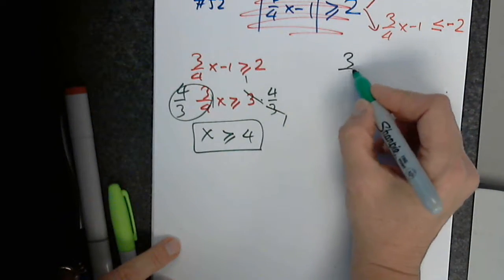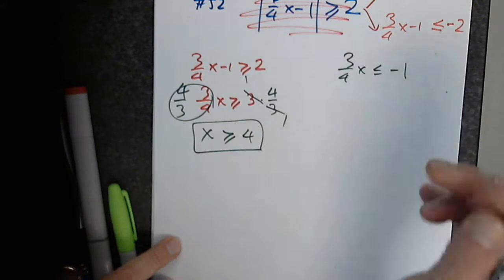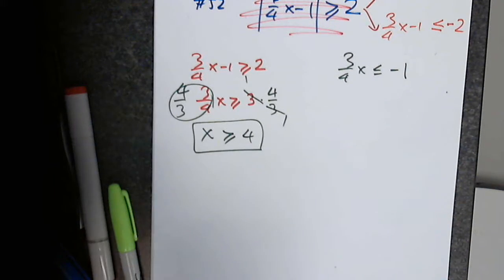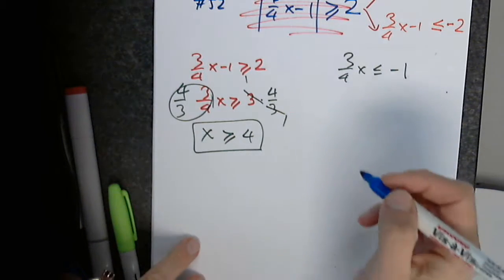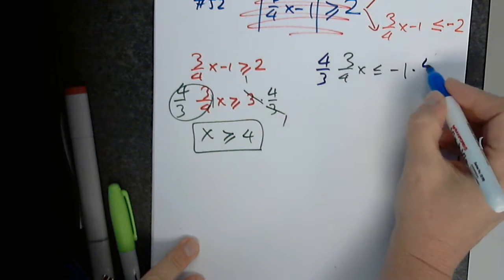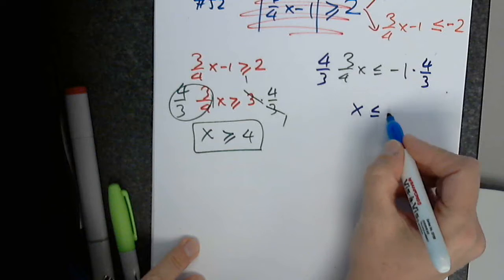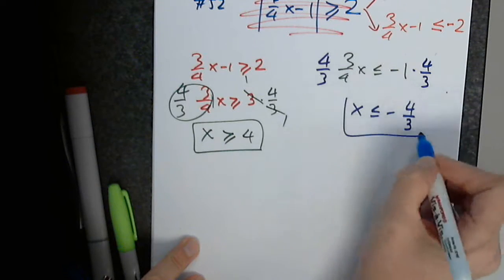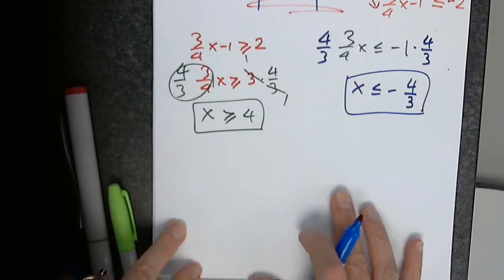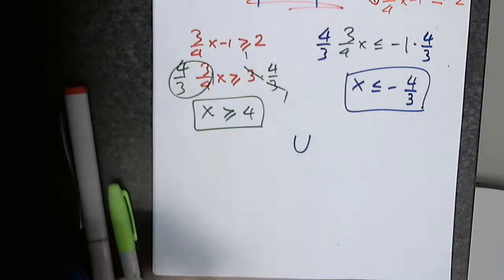Now the other one is 3/4 x minus 1 less than or equal to negative 2. And again, I want the same thing. I'm adding 1 to both sides. I want to clear the 3/4. How do I clear the 3/4 again? So then x less than or equal to negative 4/3. And now someone should give me the solution.